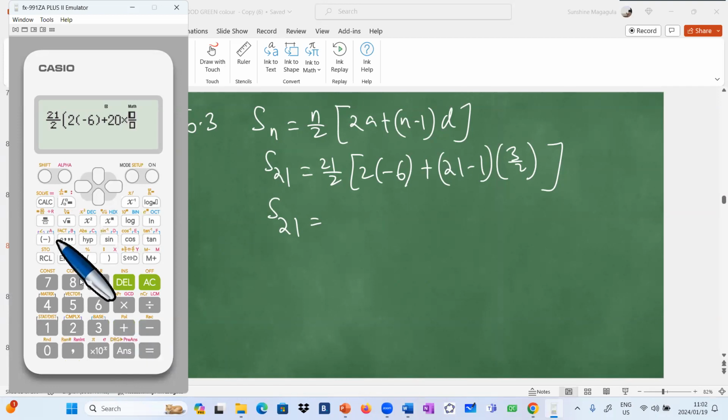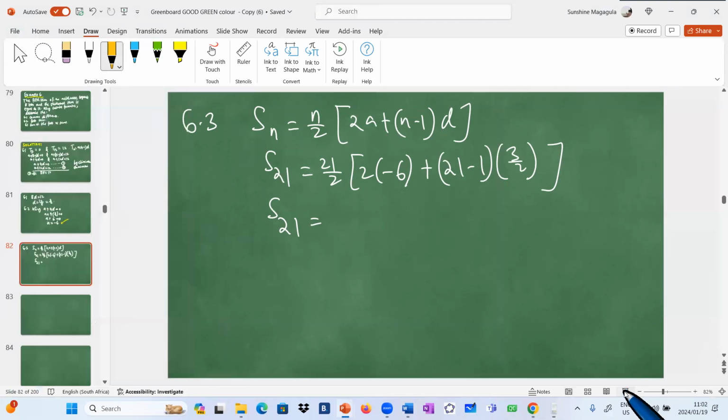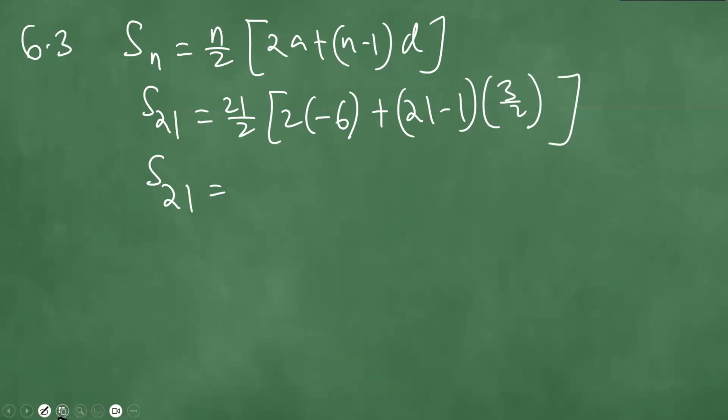Just checking, 189, right? Yeah, well done. So the solution here is 189. The sum of the first 21 terms is 189.